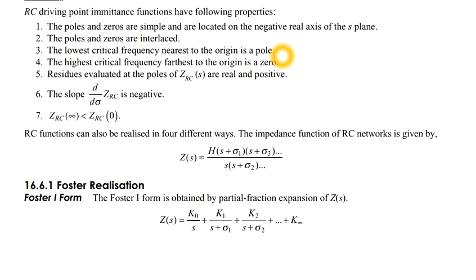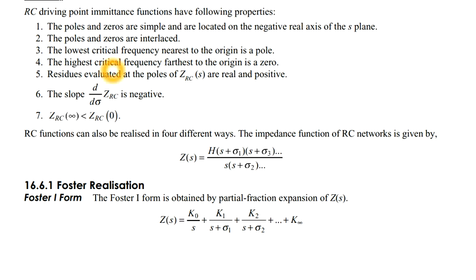Now the third one says that the lowest critical frequency nearest to the origin is a pole. Critical frequency is nothing but the location of the pole, or the S value. The lowest critical frequency nearest to the origin should be a pole.